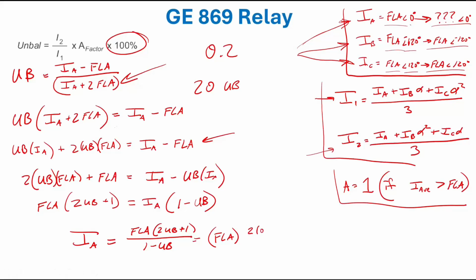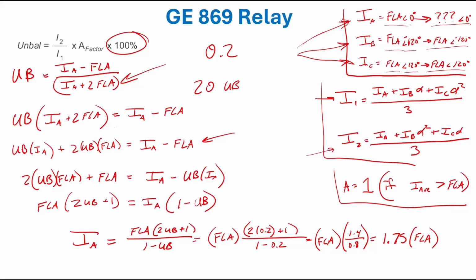So 2 times 0.2 plus 1 all over 1 minus 0.2. And this is going to end up becoming FLA times, we have 2 times 0.2, which is 0.4, plus 1, which is 1.4, divided by 0.8. And this equals 1.75 times FLA.